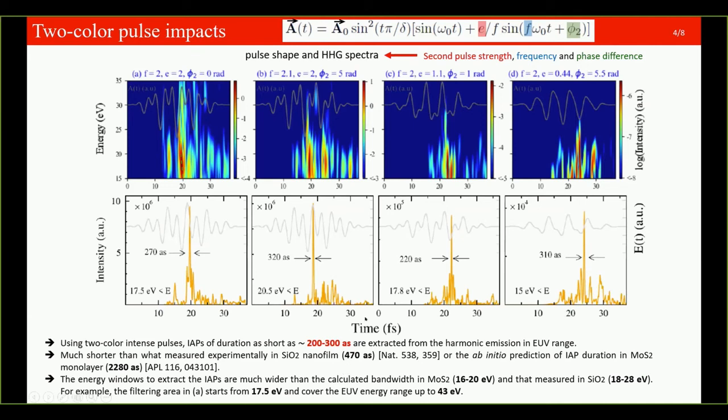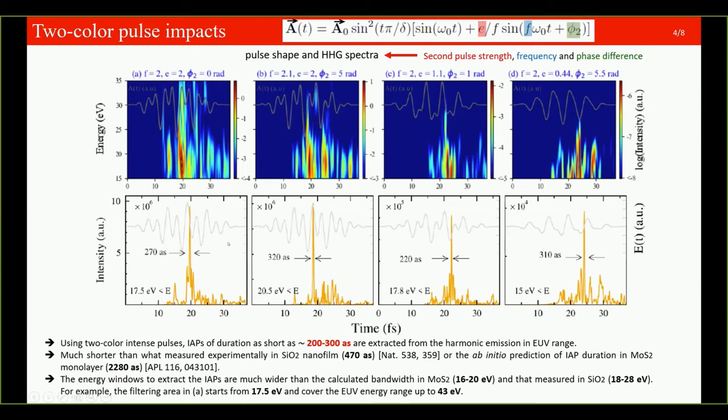In addition, the energy window which we found here in MgO is much wider than what was measured in silicon oxide, which is just 10 electron volt, or what was calculated in molybdenum disulfide, which is very short.